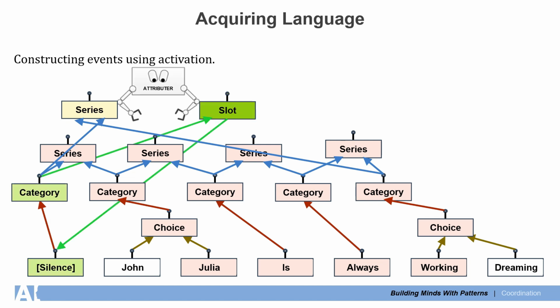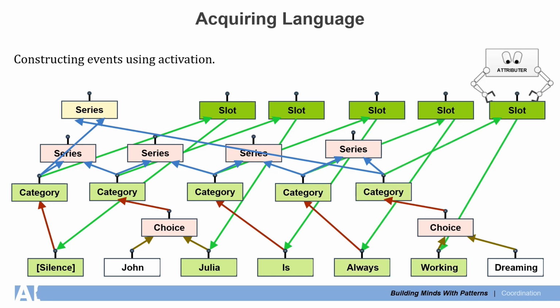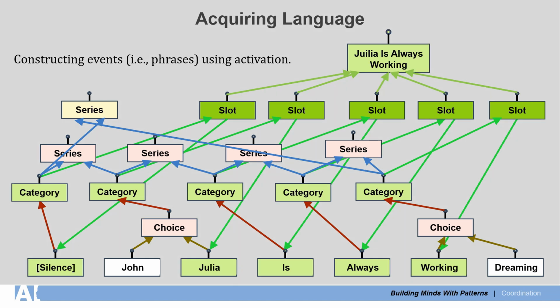The attributor identifies activated categories and their elements as slots. And the event or phrase is constructed based on the activation of the slots. So here we see the event Julia is always working represented.